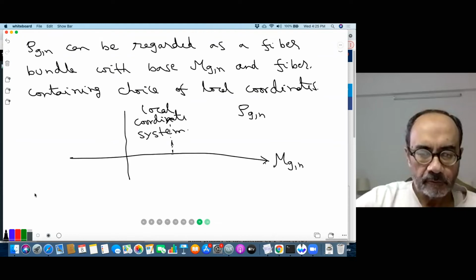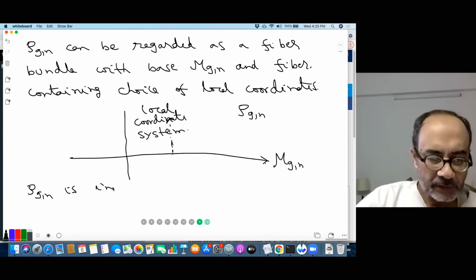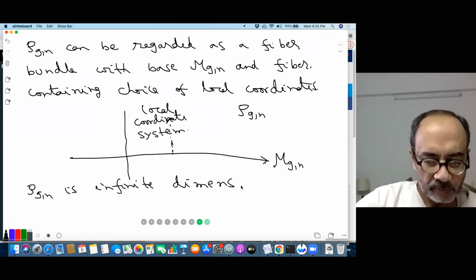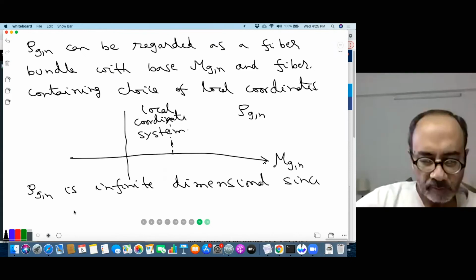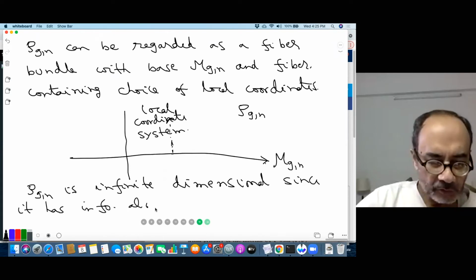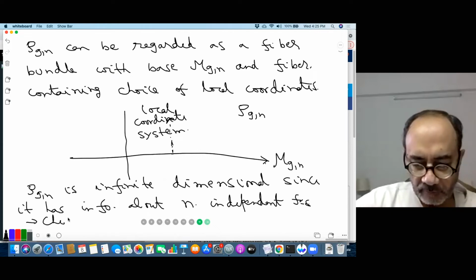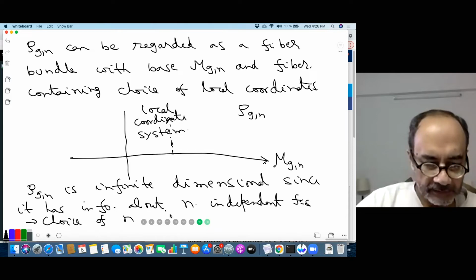So PGN is infinite dimensional. Intuitively, it should be clear that it is infinite dimensional, since it has information about n independent functions, that is, choice of local coordinates, but up to phase.